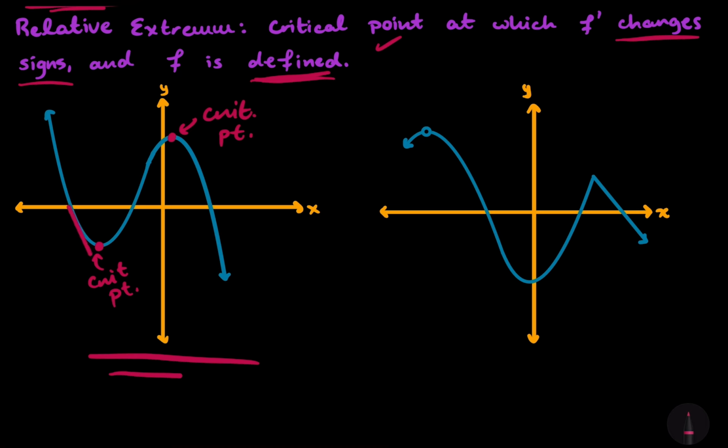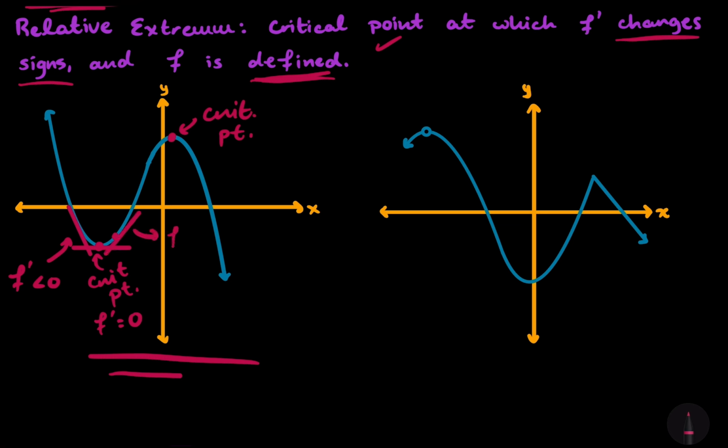So the slope is going to be negative over here, so we can say that f prime is less than 0. But then when we reach this critical point, the slope becomes 0, because at this point f prime is equal to 0, because we have a horizontal tangent line. But then when we move a little bit after our critical point, it seems as though the function starts increasing again, and f prime is positive.